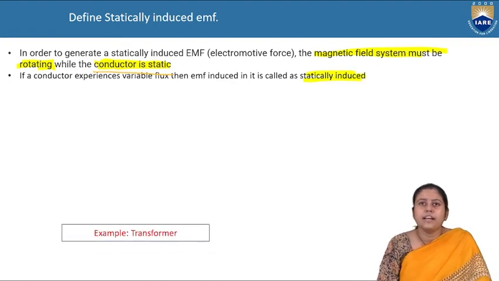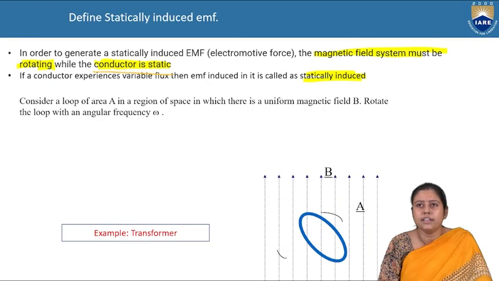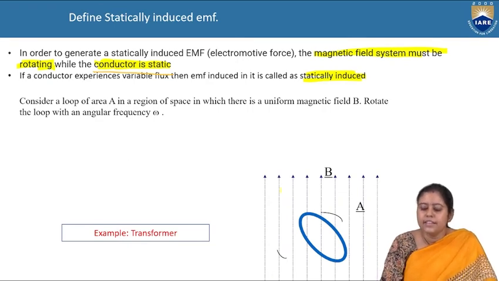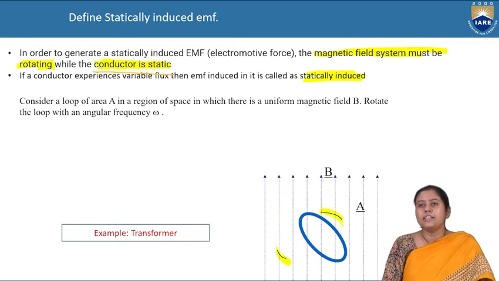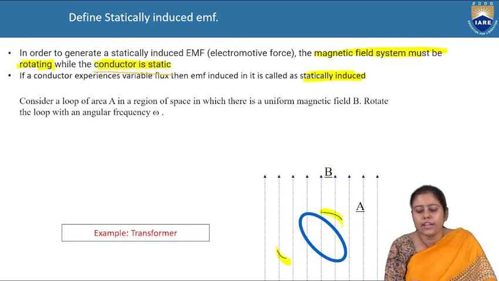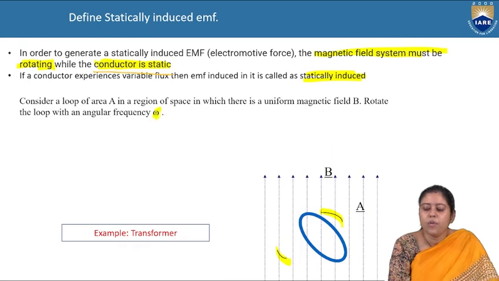What is the example? Already I have told you, it is the transformer. You can see this is the field and this is the loop. Now we are changing the field. The black line shows the field changing with an angular velocity omega.